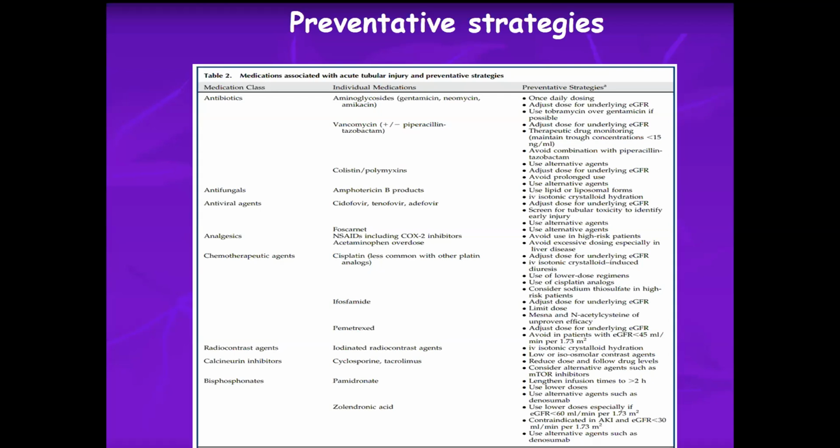With your antifungals, using the liposomal form of amphotericin B might help in reducing the risk of nephrotoxicity. Of course, in patients on drugs like tenofovir or some of your other antiviral agents, your ARVs, you can look at using alternative agents.